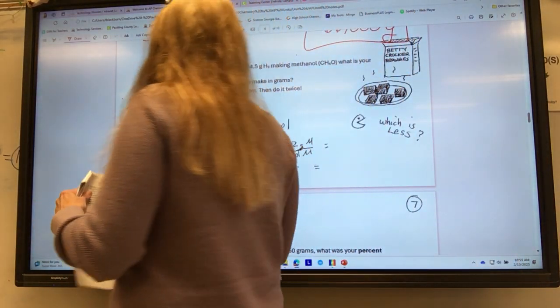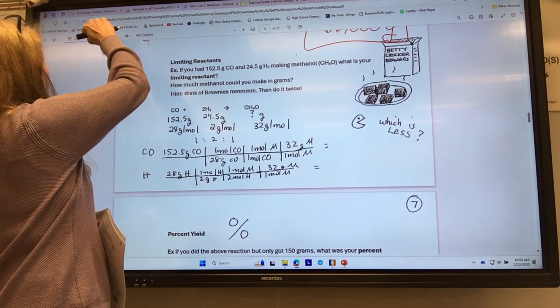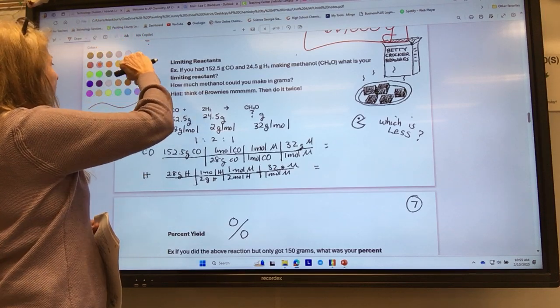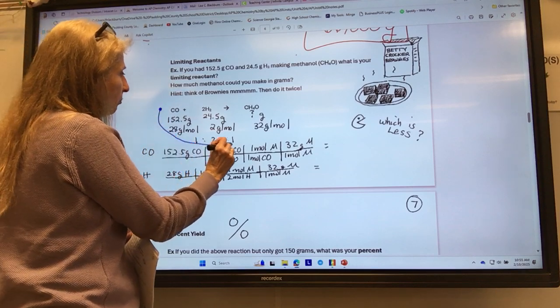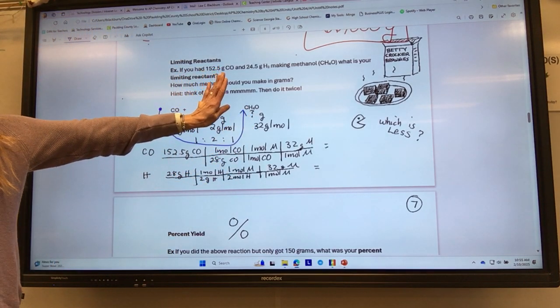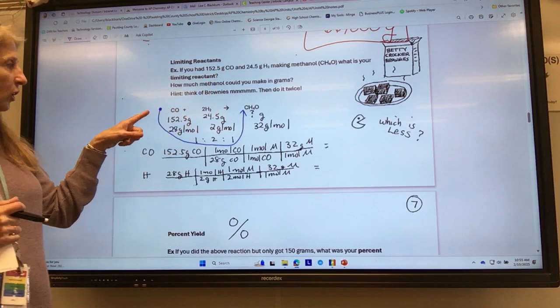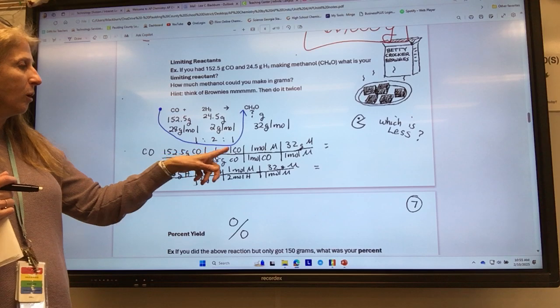Next, I draw my U, and I do one at a time. I'm going to do carbon monoxide first, and I like to make this have 2 different colors. So I'm going to draw my first U in blue, and I'm going to pretend like the middle part's not there. Okay, so I just go around 152 grams, push it down, 28 grams, 1 mole, push it down.